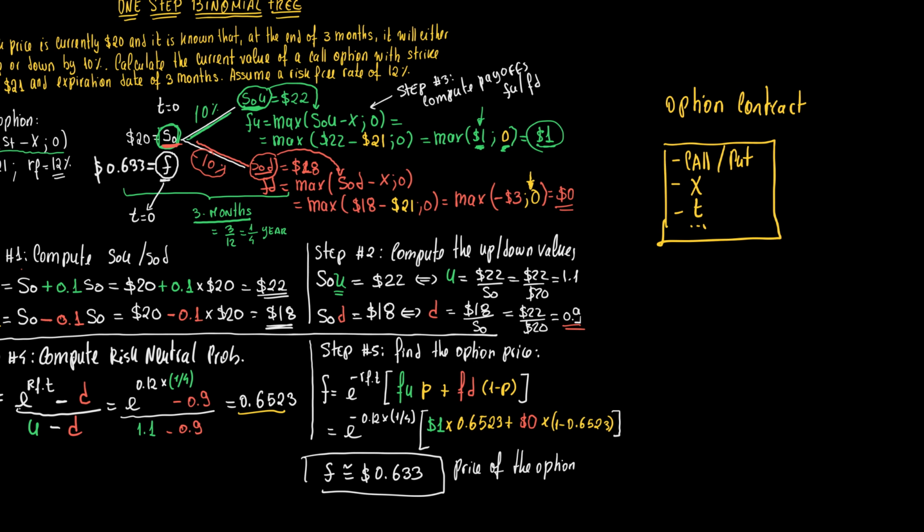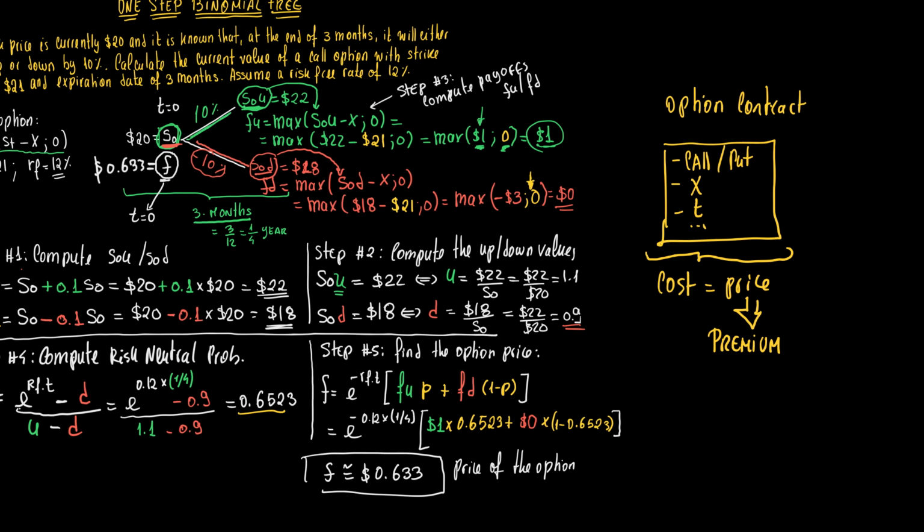And you need to pay for this piece of contract. It's not for free. It has some cost, or in other words, some price. The price of this piece of paper or option contract is also called the premium of the option. It's nothing more than the fee that I pay that grants me the privilege of walking away from my deal if it is not advantageous for me to exercise it.